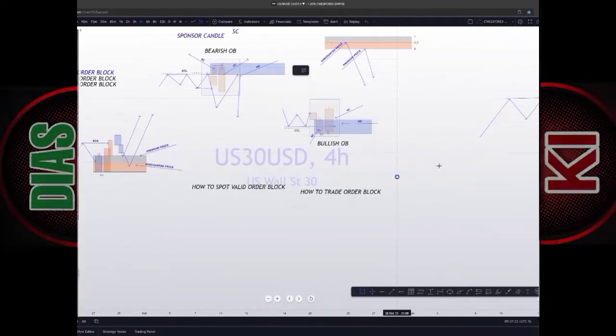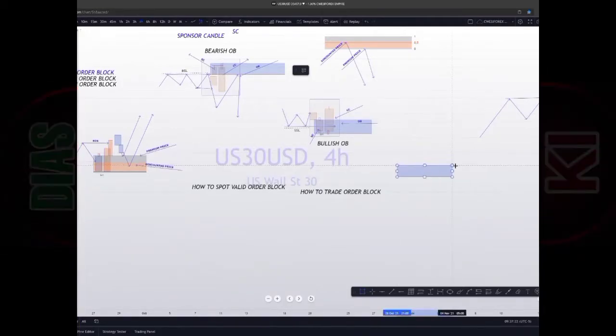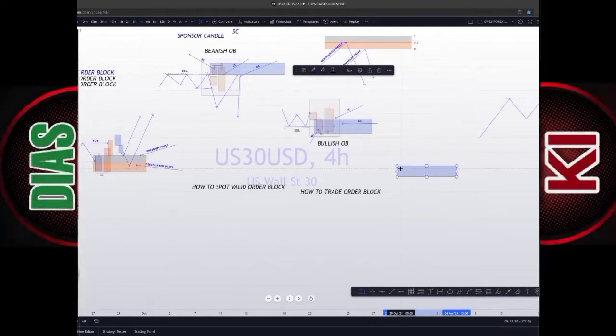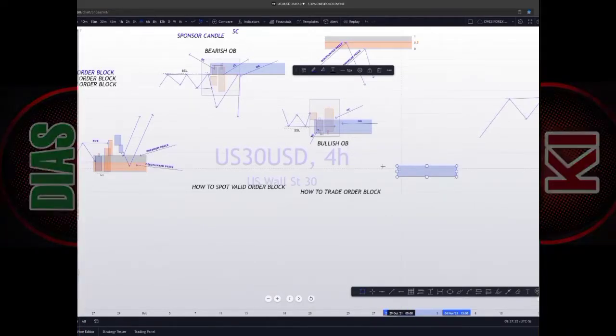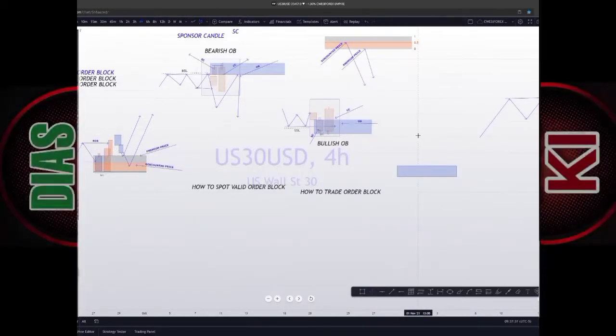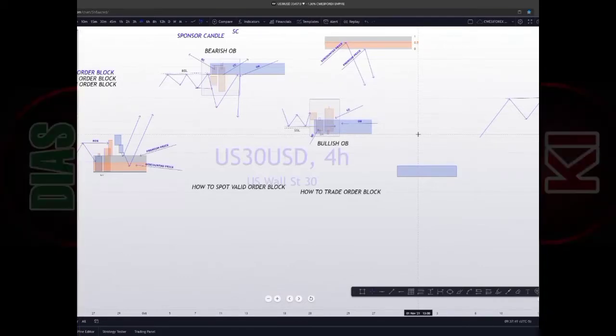So let's say we have an inefficiency over here. We can identify another block within an inefficiency. So that's basically what I meant. And I'll be using the word mitigation. Mitigation is basically the market coming back to collect back the money at another block.